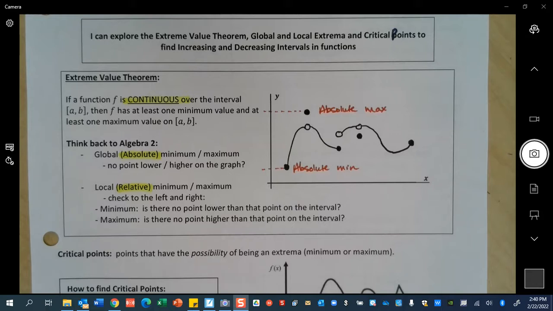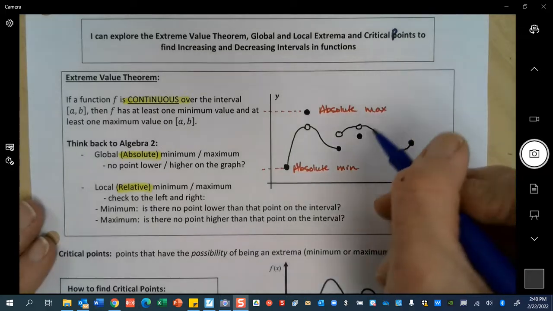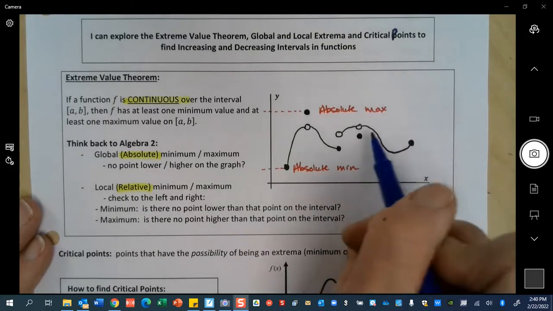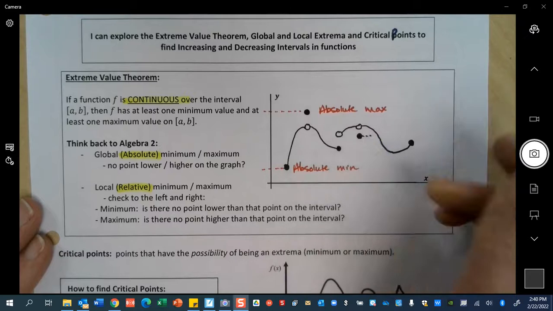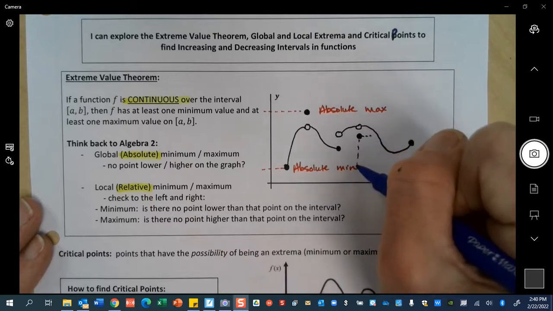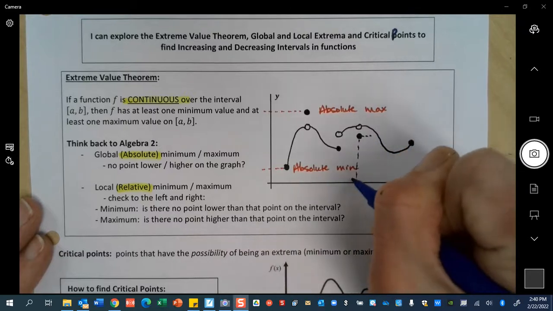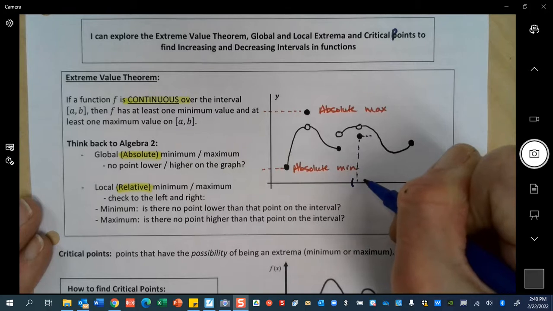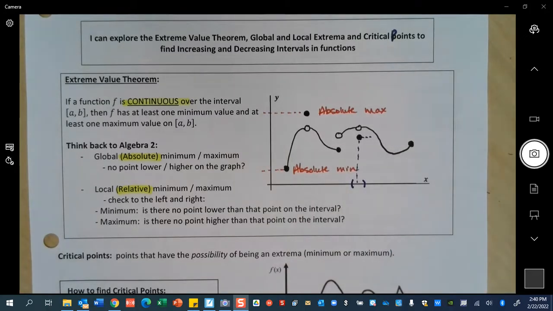So when we look at each of these, this point here, you trace it back to the x-axis and create an interval on either side of it. If you look at the 2 points on either side, are they both above that xy ordered pair, that coordinate?